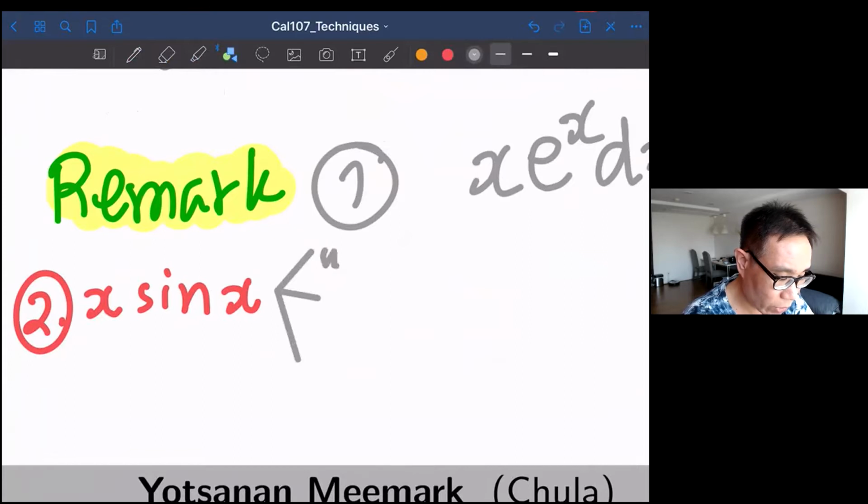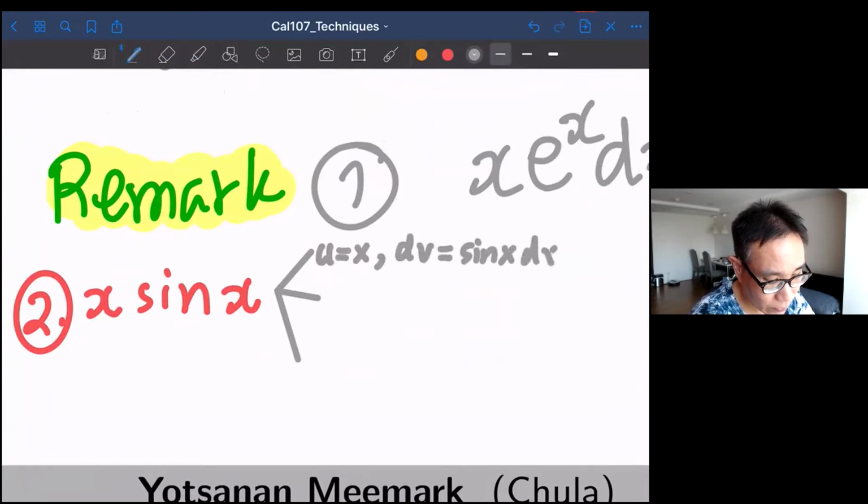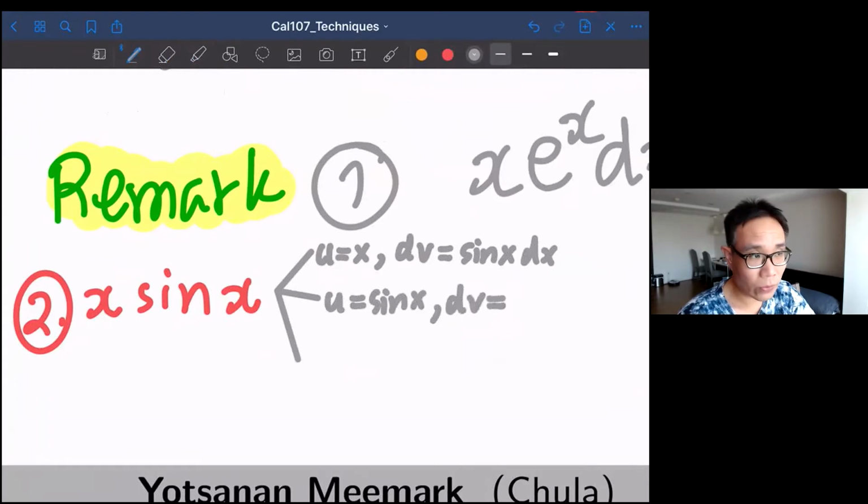So you have u equal to x and dv equal to sin x dx. You can have u equal to sin x and dv equal to what? dv equal to x dx.